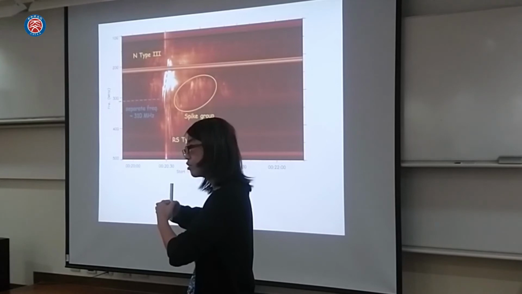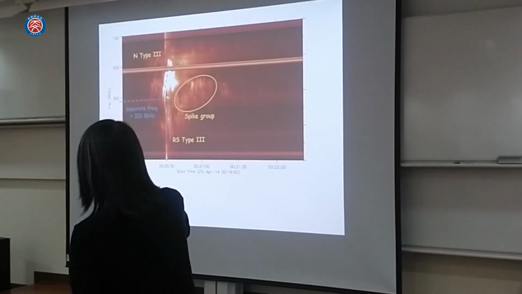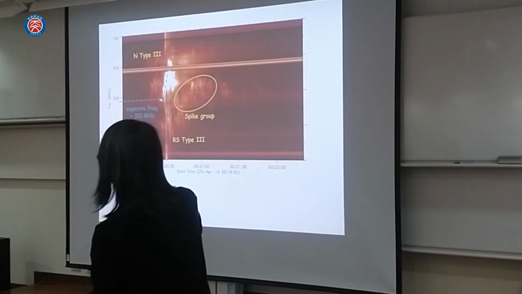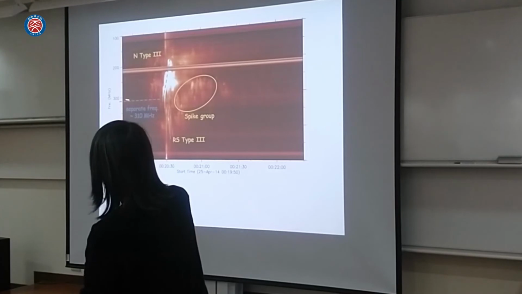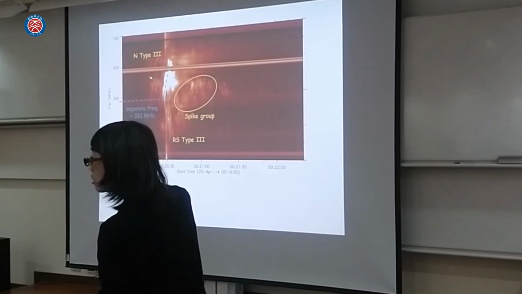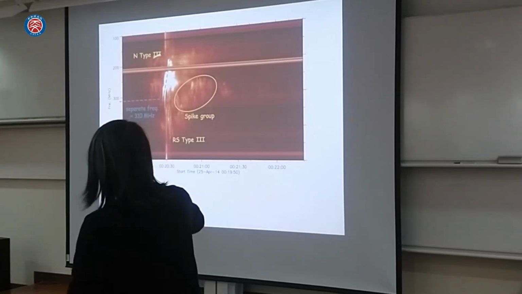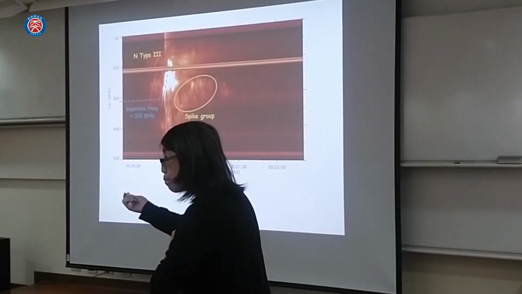That's called the normal case. You can see here, as time goes by, the radio emission goes from high frequency to low frequency. That's what we call the normal type 3, produced by an outward electron beam.